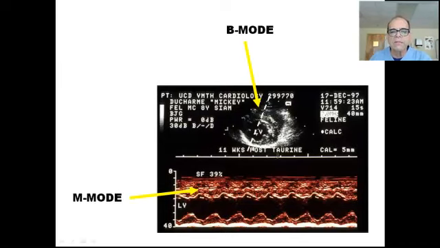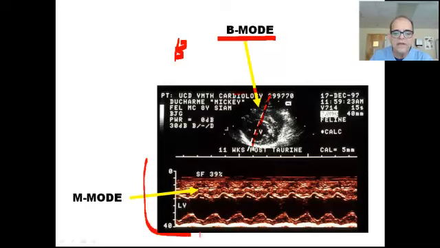You have here a typical screen of M mode. It is the combination of a B mode, this one, to put the cursor over the heart. With the B mode, you put the cursor, that is this line that is here, over the heart, and you get the M mode. This is really the M mode.